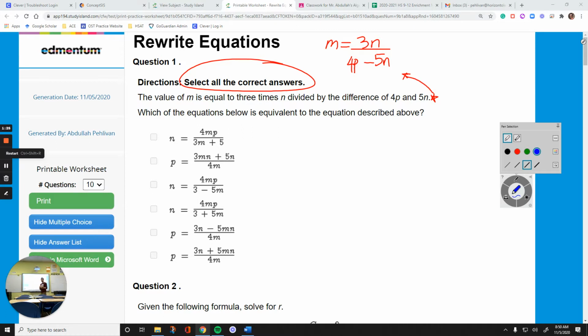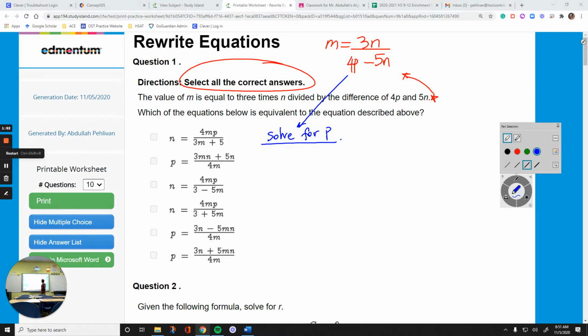That's going to be like one question, and then I will solve it for n, and that's going to be my second question. And then I think I will end up with 2 of these answers. So let's get started. The first one, I will solve for p.